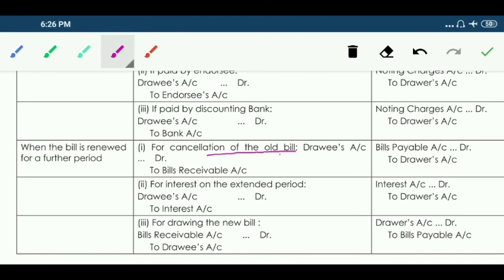Drawee's account debit to bills receivable account, to cancel the old bill.